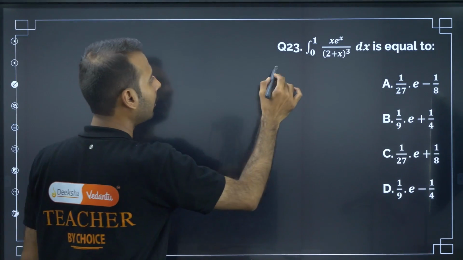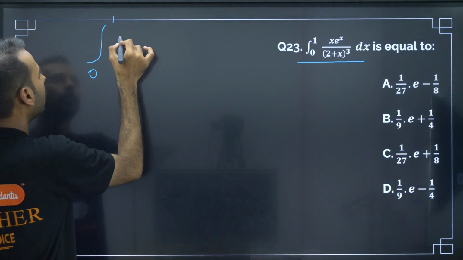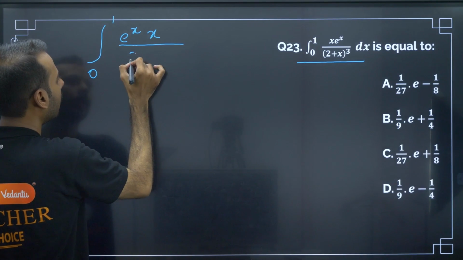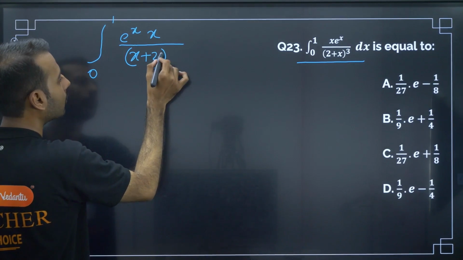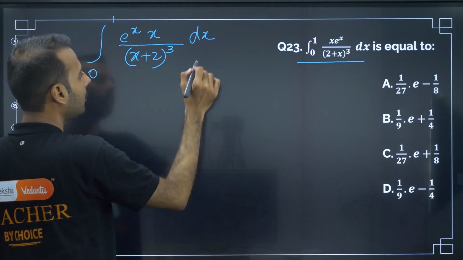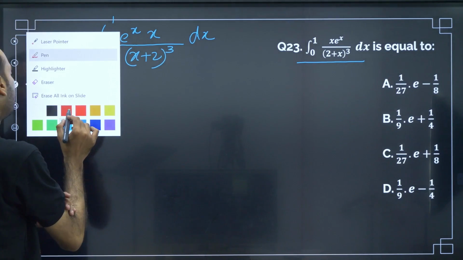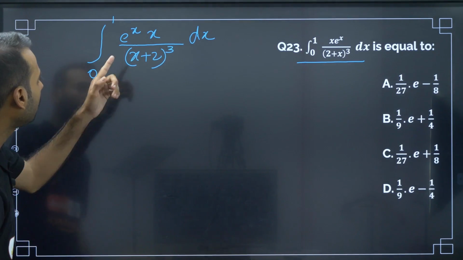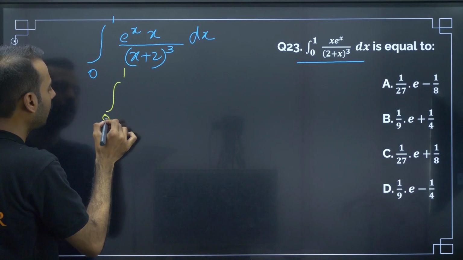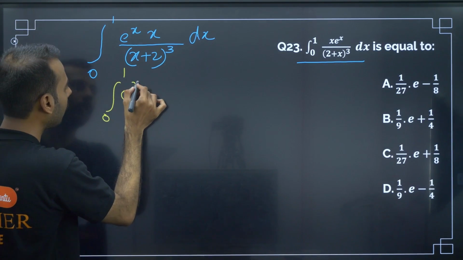Next they have given a question with e raised to x. So let me copy and paste that. Integral from 0 to 1 of e raised to x, x divided by x plus 2 whole cube, dx is equal to what? They are asking this. Now a ready-made such integral is not available, but after manipulation maybe we may get something.